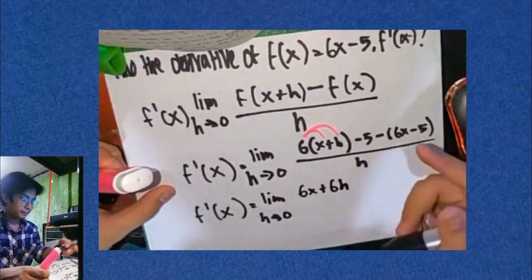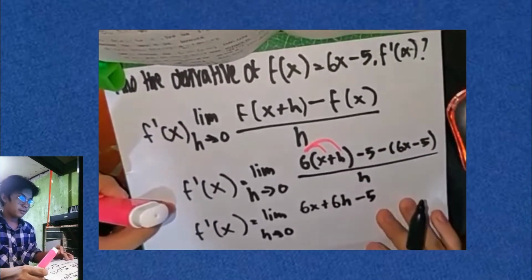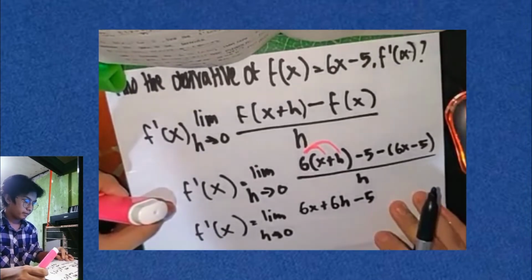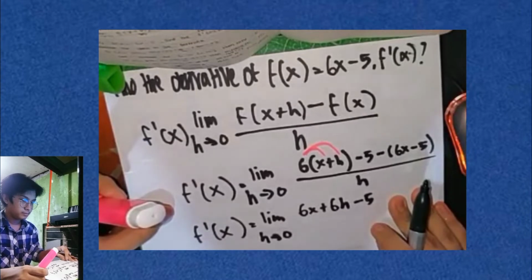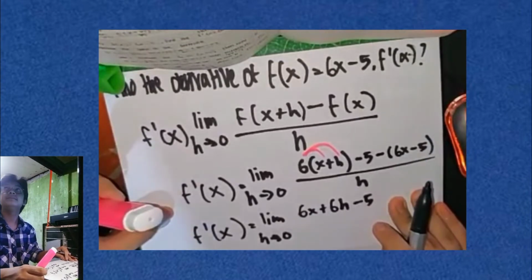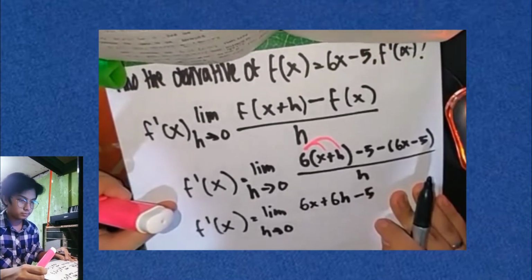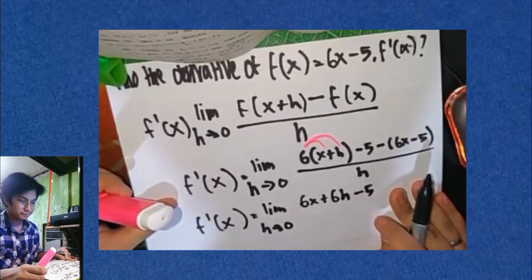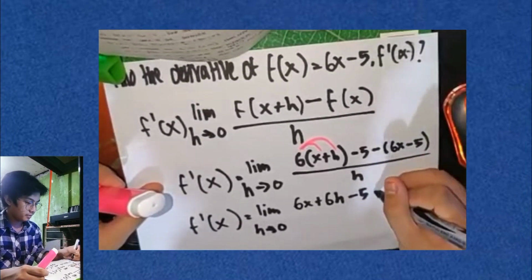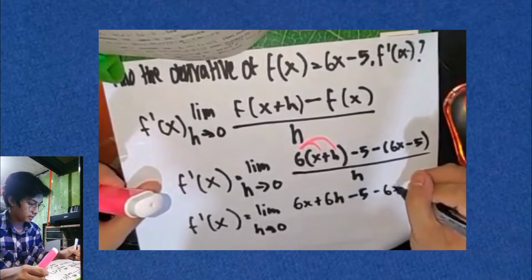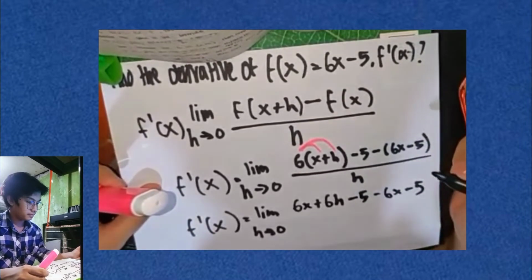Then copy negative 5. Then the next thing to do is copy the rest. Minus 6x minus 5. No. Plus 5.